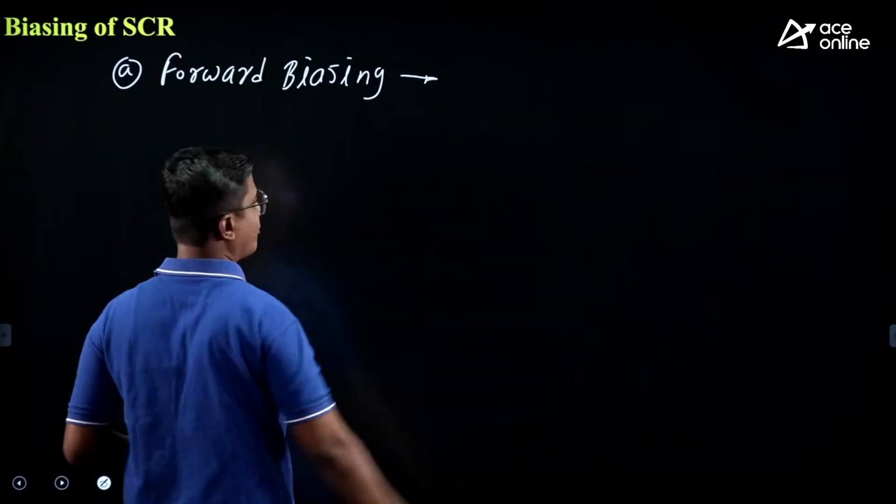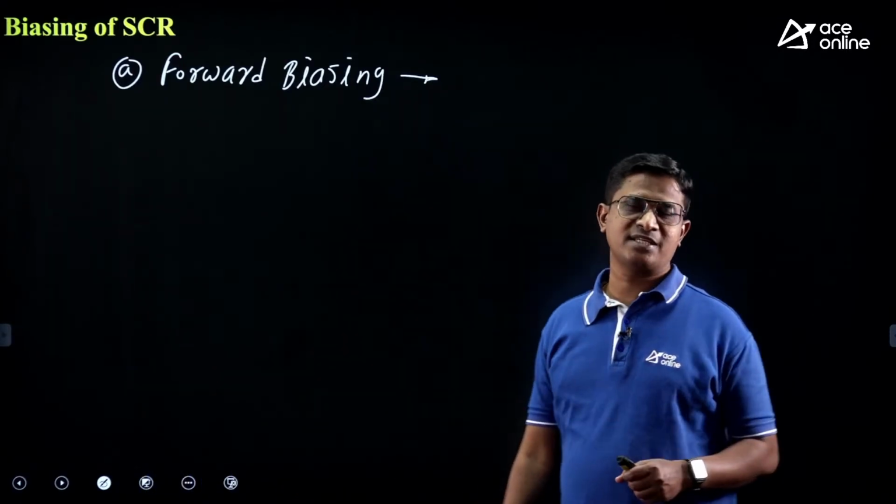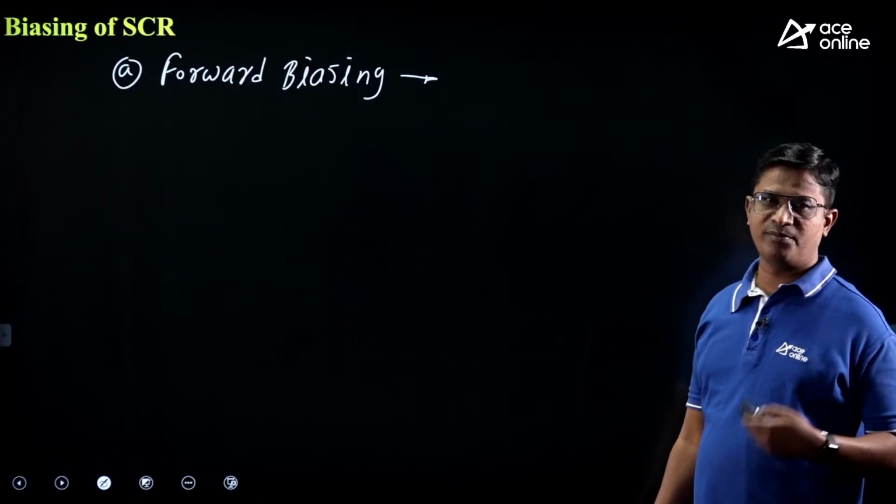So when the SCR is in a forward bias mode, which junctions will be in a forward bias mode and which junction will be in a reverse bias mode?